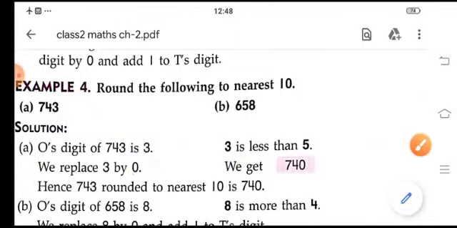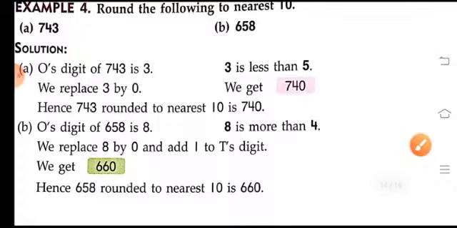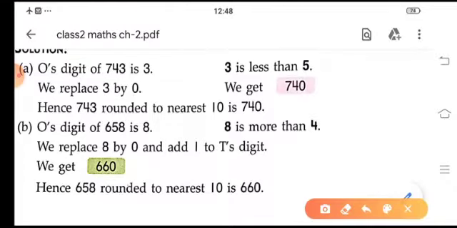Next is 658. Again we see the number at the ones place. Which number is at the ones place? This is 8.